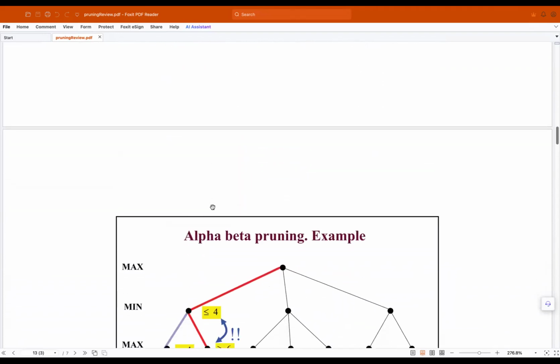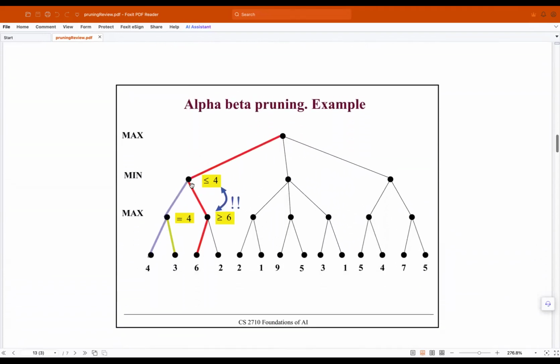Now, as we go on, we say, okay, let's now consider this. When we come here, we see a 6. So before we consider the other child, we know that worst case, here, since this is a maximizing level, we expect at least a 6. So for this level where we're trying to minimize, this is not so promising.